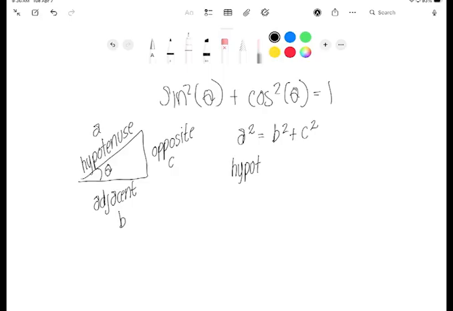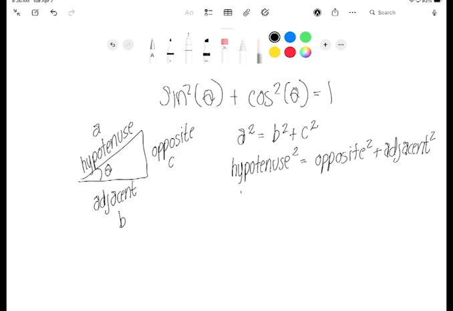So hypotenuse squared equals opposite squared plus adjacent squared. So what happens when we divide everything by hypotenuse?